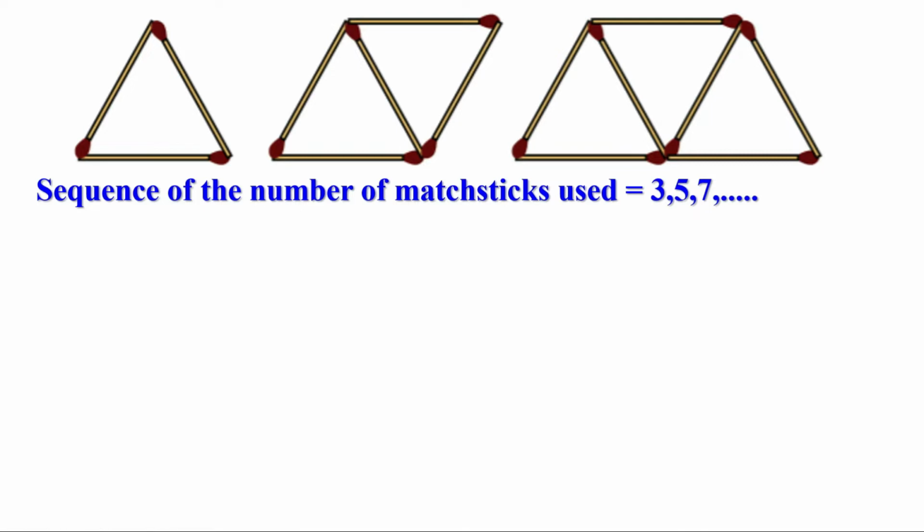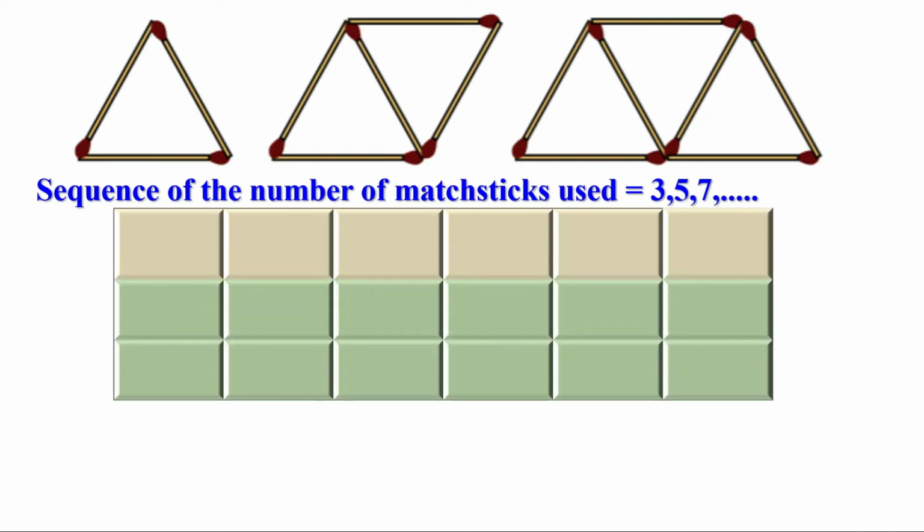For that we have to find the position and term and the relations. The first term is 3, second term is 5, third term is 7, fourth term is 9, and so on. Here the first term is 3, or to make the first triangle we need only 3 matchsticks.